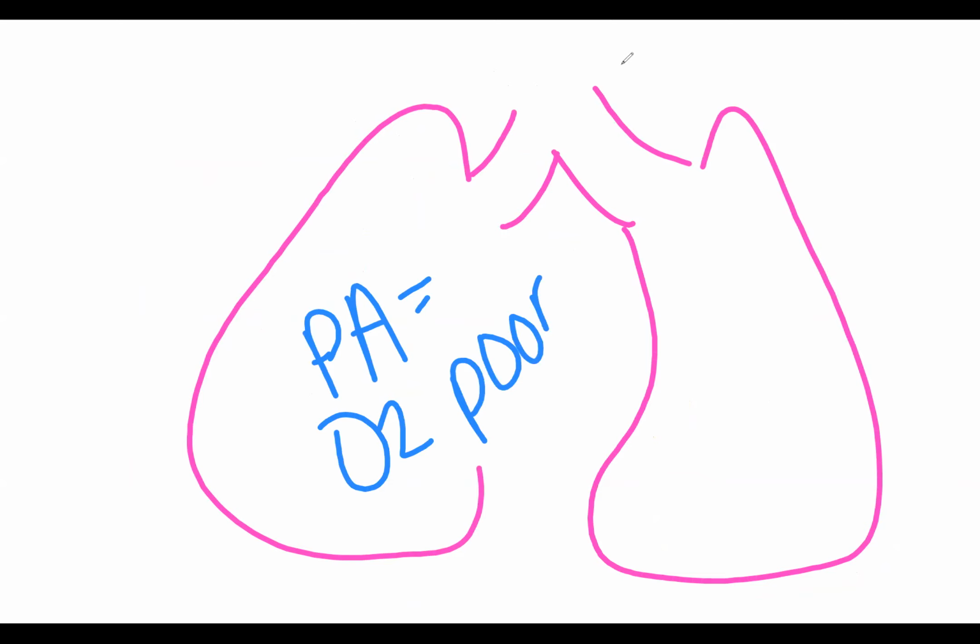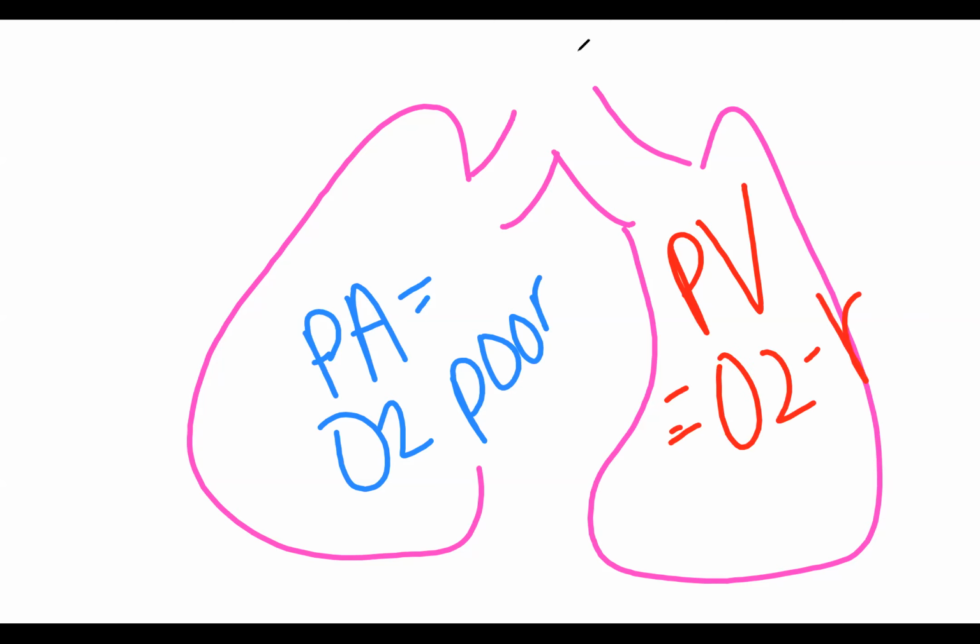The pulmonary veins, the ones that are bringing the blood back to the heart, are oxygen rich, so they appear red. I just wanted to bring that up and point that out, so hopefully that makes more sense when I go back to the PowerPoint really quickly here.